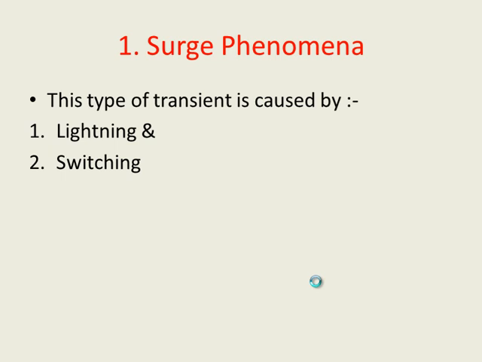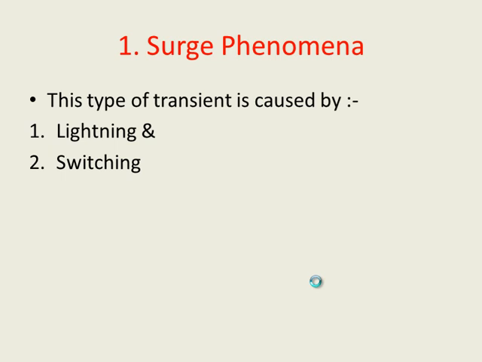Physically, such a transient initiates an electromagnetic wave traveling with almost the speed of light on transmission lines. This generates an electromagnetic wave which is usually called a surge, and it travels at the speed of light, that is 3 into 10 raised to the power 8 meters per second.